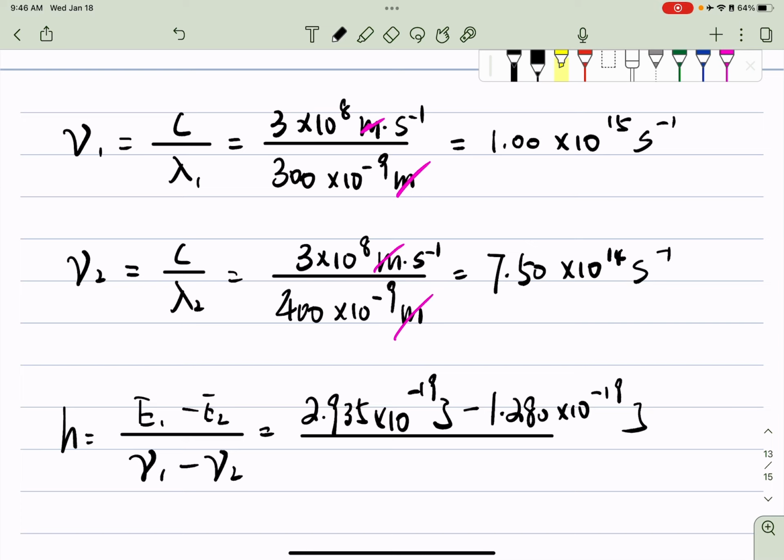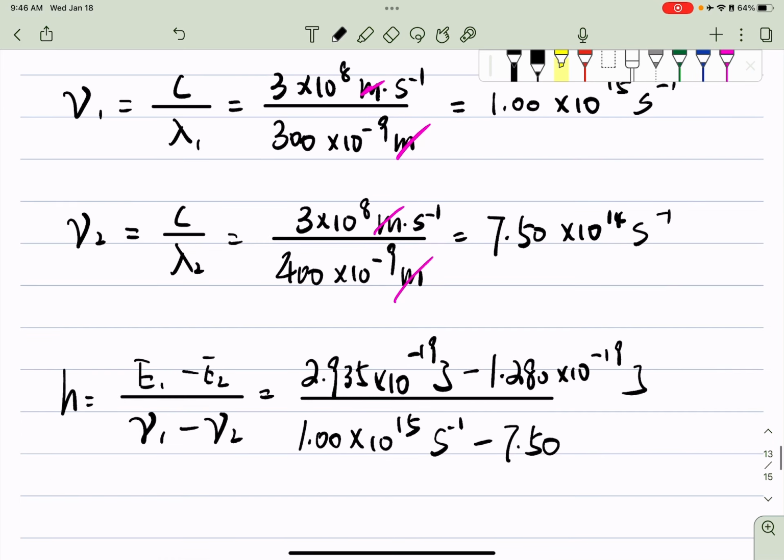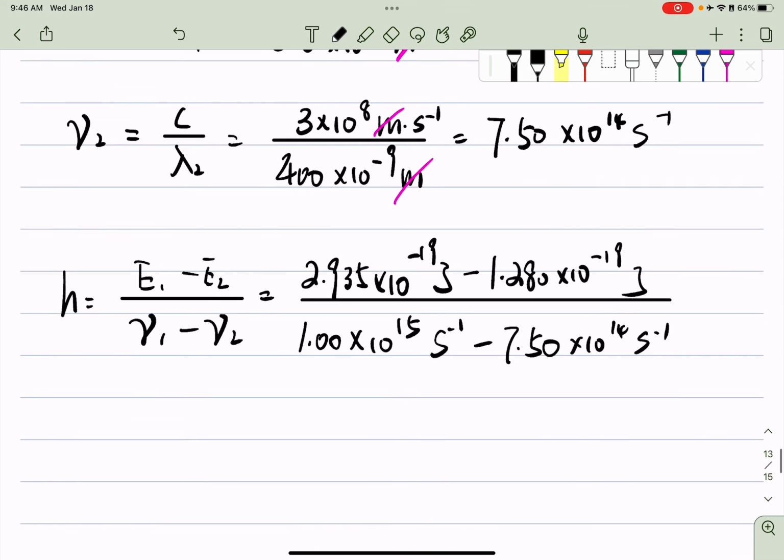On the bottom, we have the frequencies we just calculated, 1.0 times 10 to the 15 minus 7.50 times 10 to the 14, per second.